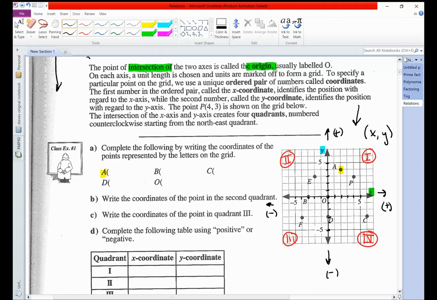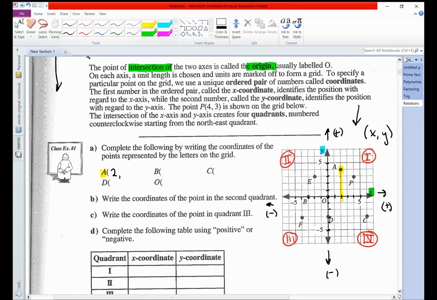If I wanted to explain to somebody where that A is on the graph, I would first say where it lies on the x-axis. Straight down from A, I cross the x-axis at 2.